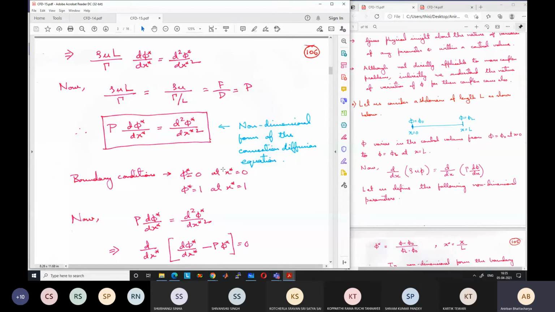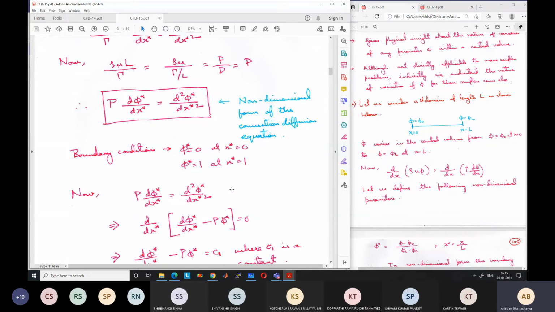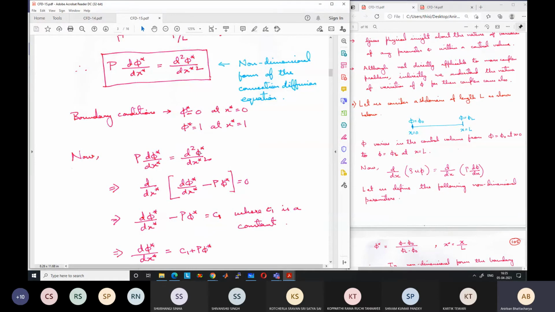So let us try to solve this equation now. Once the equation has been non-dimensionalized, now we'll try to solve this equation. P d phi star dx star equal to d square phi star dx star square. Okay. Rearranging these terms, we will take this P d phi star dx star to the other side. Okay. So it will become d square phi star dx star square minus P d phi star dx star.